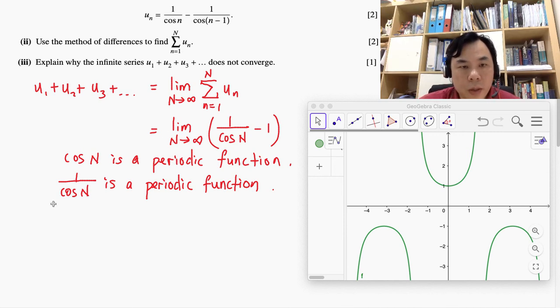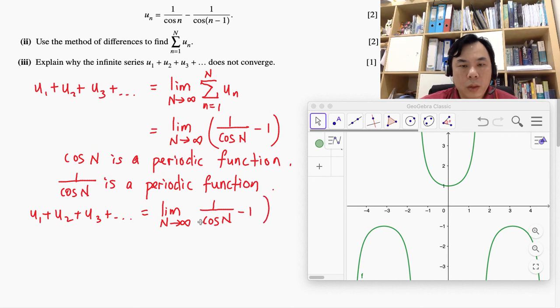Therefore, we can say that for u1 plus u2 plus u3, the limit as n approaches infinity of 1 over cosine n minus 1 does not exist. So we are saying that the limit for this does not exist.